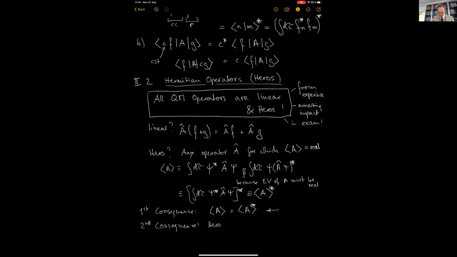Hermitian operators can act to the right as well as to the left, right? So first of all, operators always work to the right.